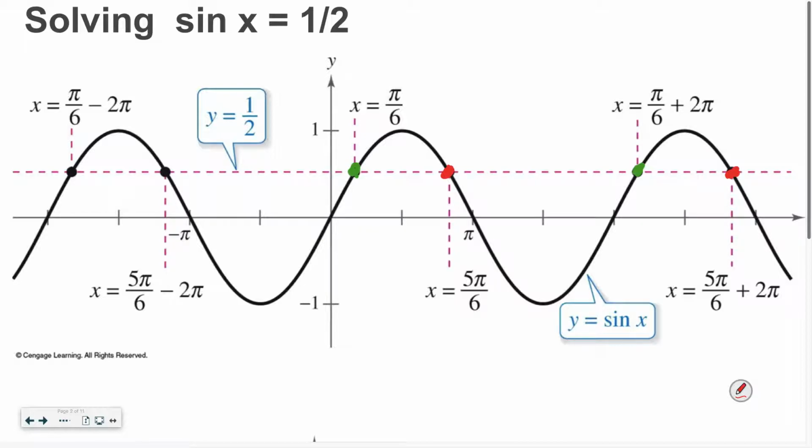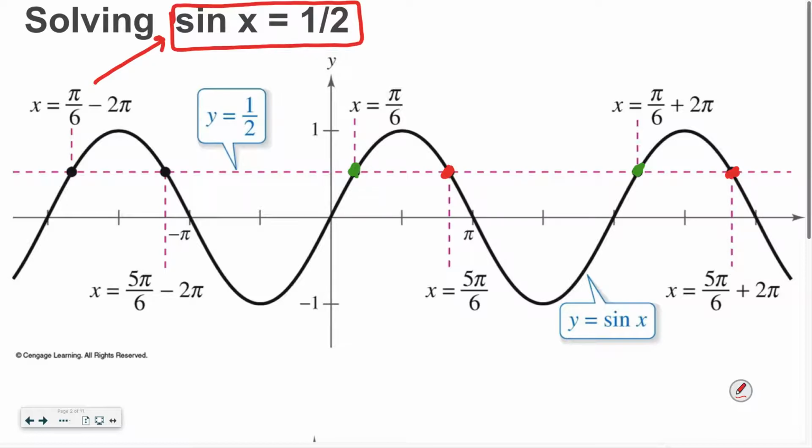So when we get to the point where we have something like this, we can think about where on our unit circle that happens, but then we have to keep in mind that it is going to repeat every period. And I'll show you how I want you to notate those answers. First, let's talk about how do we get something to look like that.